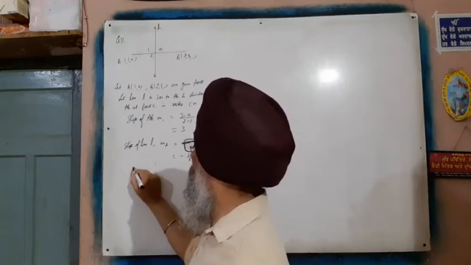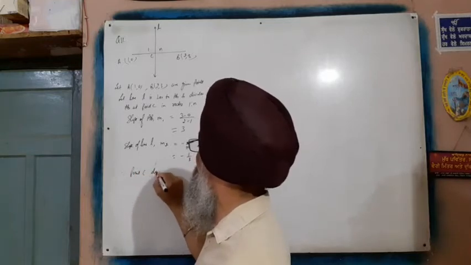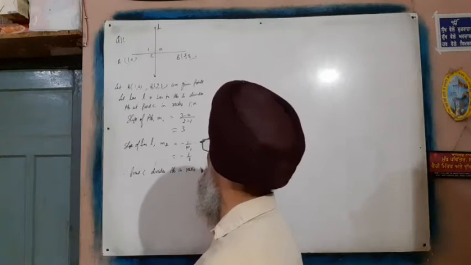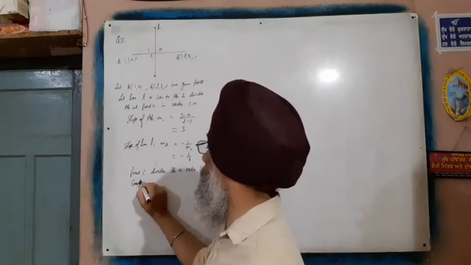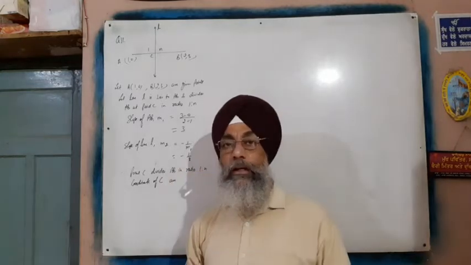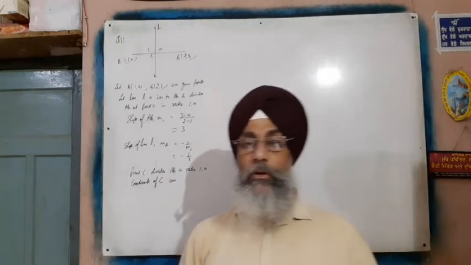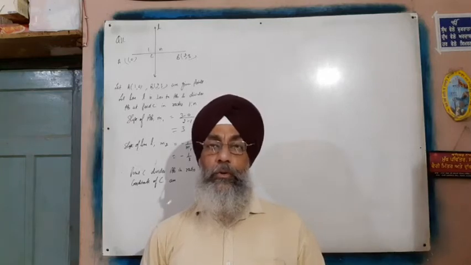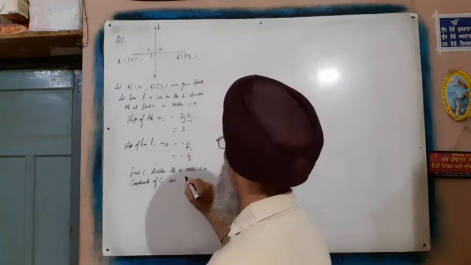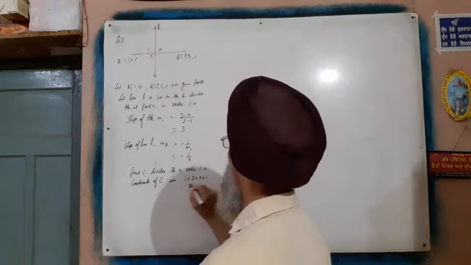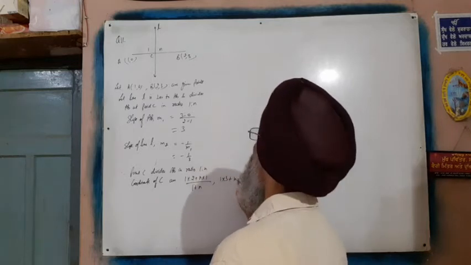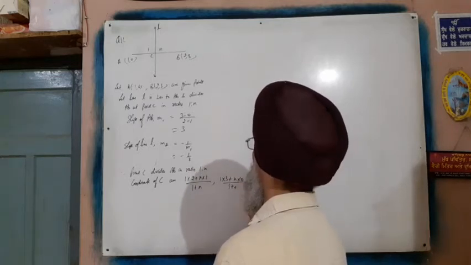Now since point C divides AB in the ratio 1:n, we find the coordinates of C by using the section formula, that is (mx2 plus nx1) upon m plus n. So that is (1 into 2 plus n into 1) upon 1 plus n, (1 into 3 plus n into 0) upon 1 plus n.